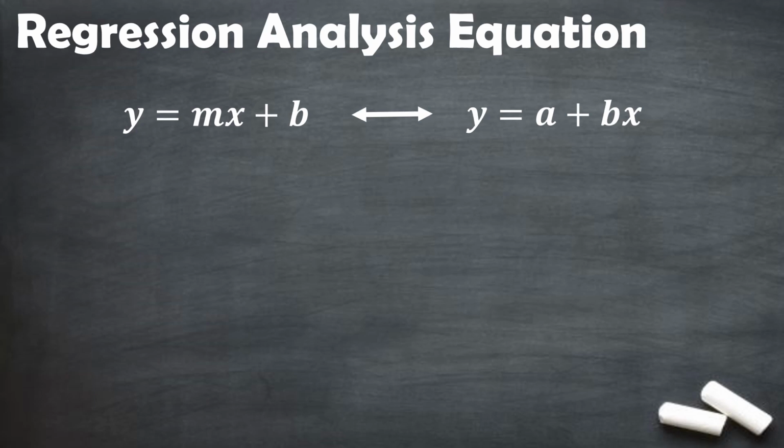Kasi kaya nga meron tayong equation, we can form a line through the graphs of the two variables na meron tayo. Diba last time, sa last lesson, we already discussed na if we are sure that there is a relationship between the two given variables, if we plot the points for those two variables in a coordinate plane, or igagraph lang natin siya, we can draw a straight line from the points. So, kaya tayo nakaka-form ng equation.